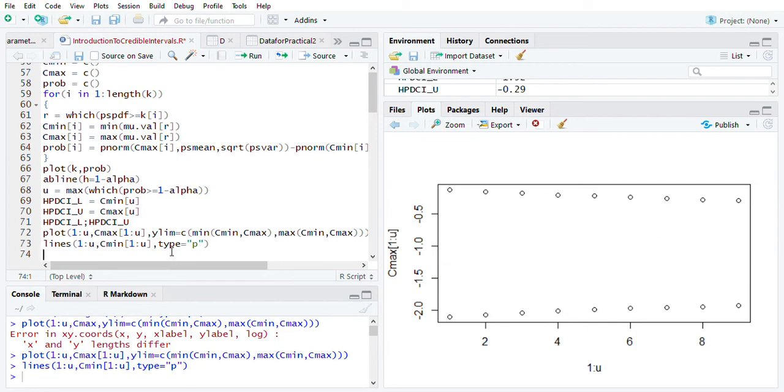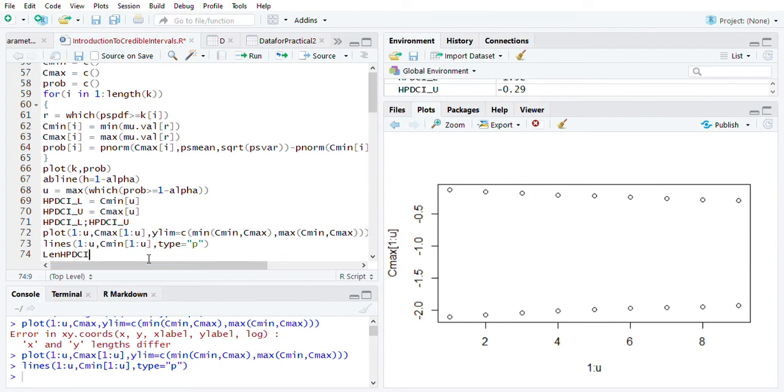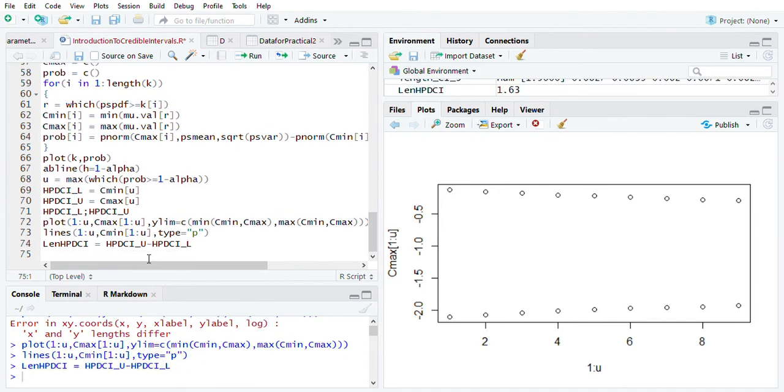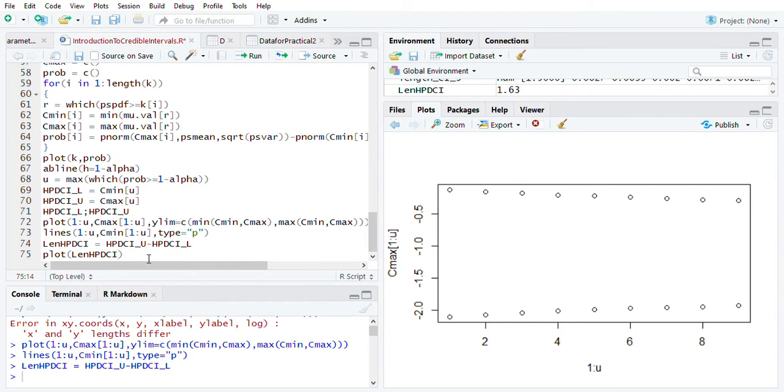So if you plot the length, so LEN HPDCI is actually equal to HPDCI upper minus HPDCI lower. So plot the length of the HPDCI from 1 to u.